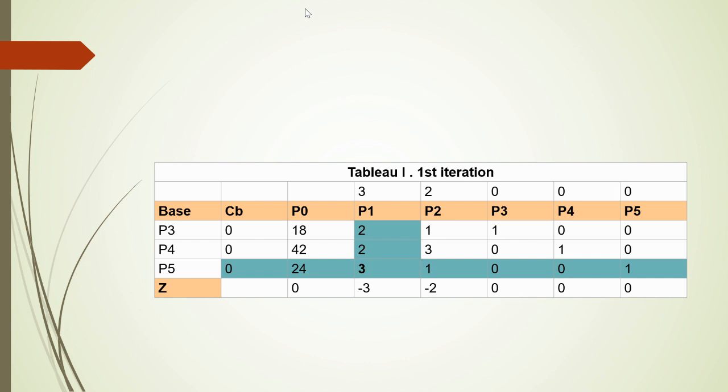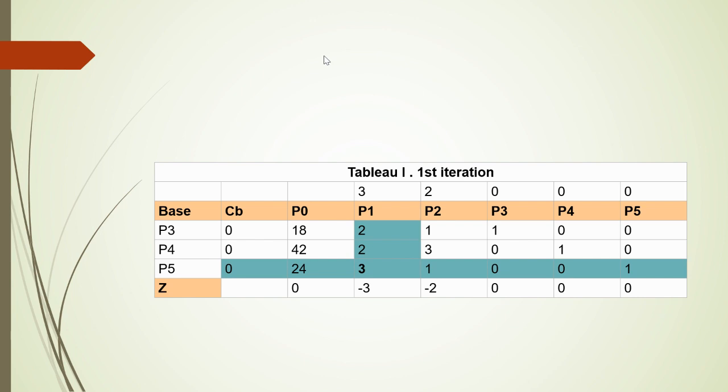In this table, we have taken Zj minus Cj. If Cj minus Zj is taken, then we take the most positive value. Or if Zj minus Cj is taken, then we take the most negative value.